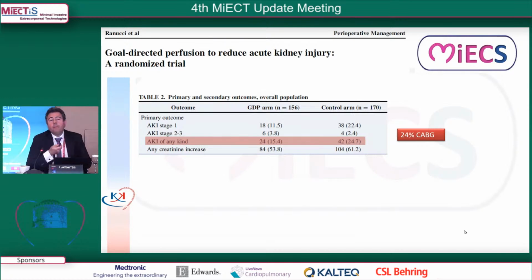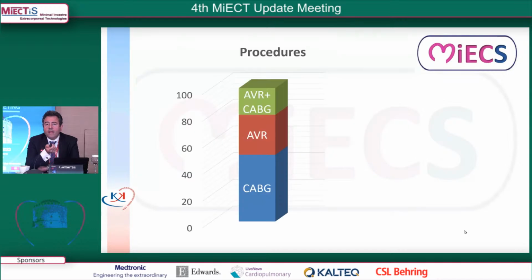And I would like to stress this: by using optimized extracorporeal circulation circuits together with goal-directed perfusion, we anticipate that we really reduce the incidence of acute kidney injury. Marco Ranucci, in his GIFTED trial, reported that acute kidney injury of any kind is almost 25% in the control arm versus 15% in the arm operated with goal-directed perfusion.